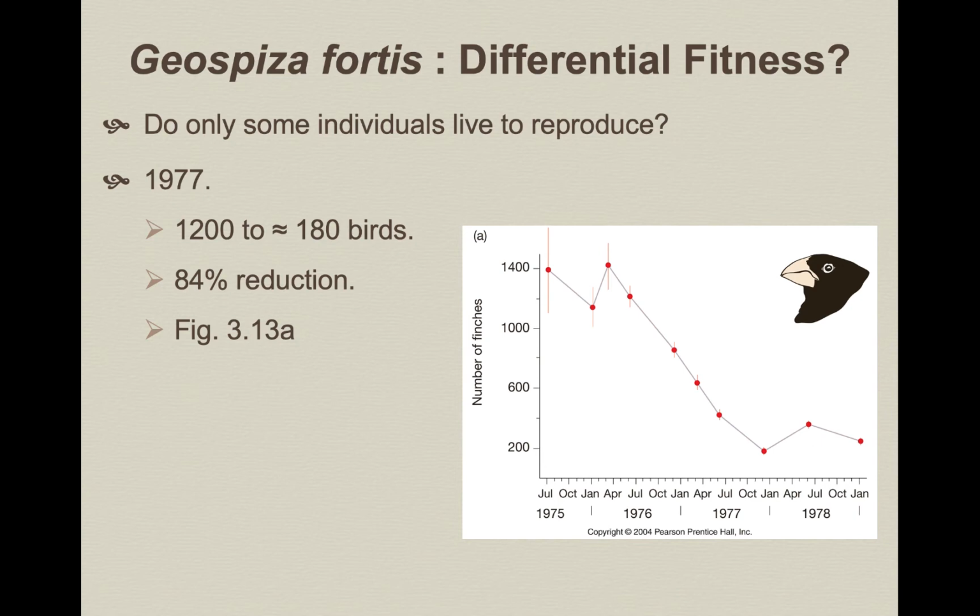Well, one benefit of doing a long-term study is you can sometimes see some pretty drastic challenges faced by birds in nature. So in 1977, the population dropped from about 1,200 to 180 birds, an 84% reduction in this 1 year as far as survival goes.